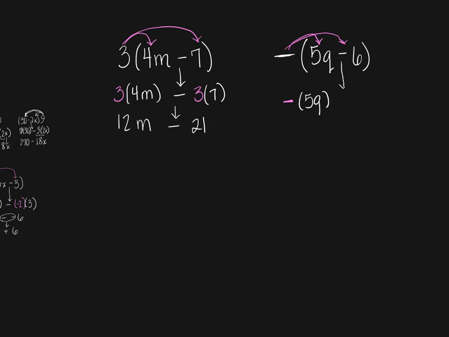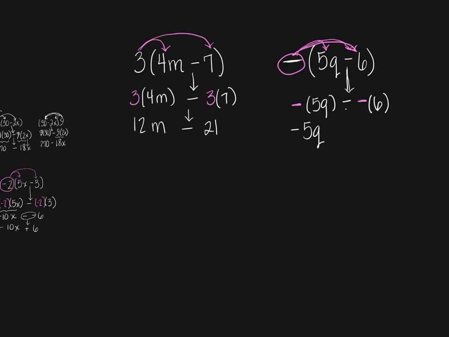I'm going to bring down my negative just like I did before, that sign here in the middle. And then I'm going to take this negative that's out here and distribute it to my 6. Okay, now I have negative 5q. Uh-oh, minus a negative. What does that become? That becomes a positive. And that should be your answer.